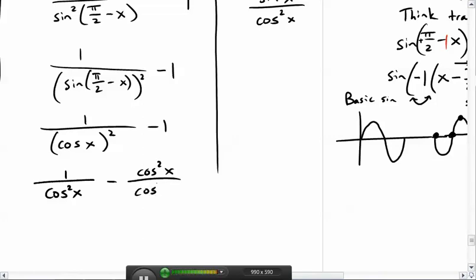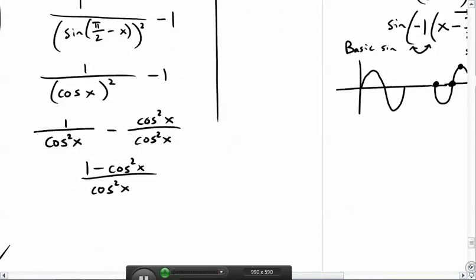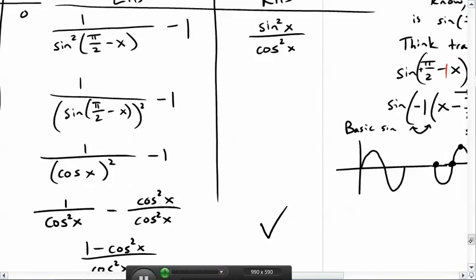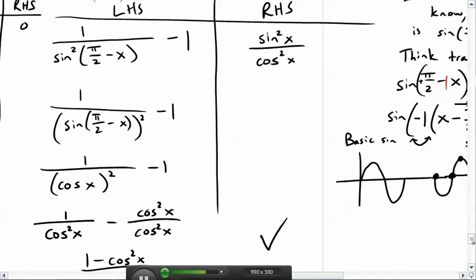So I can add those two fractions, and I get 1 minus cos squared x over cos squared x. Now 1 minus cos squared x is the same as sine squared x, because cos squared plus sine squared is 1. And now I've got the right-hand side. And that is how you prove trig identities.